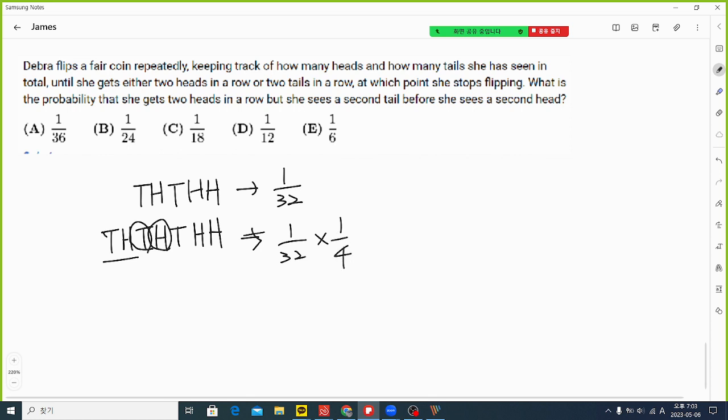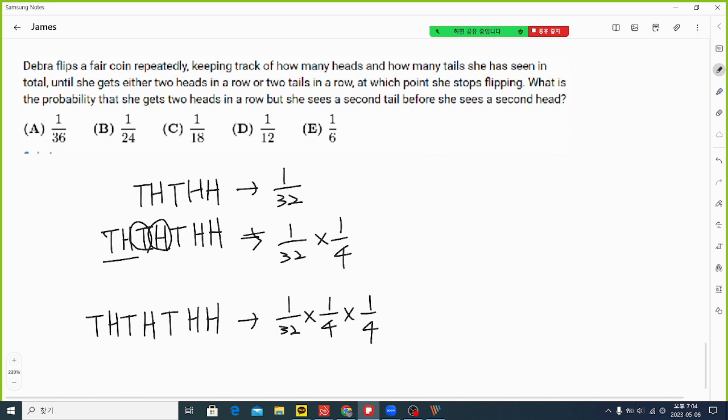And we can keep attaching this T H forward before she sees the 2 heads in a row. So for the third possibility, we can keep multiplying this 1/4. So this goes indefinitely. So the sum of this makes the infinite geometric series.